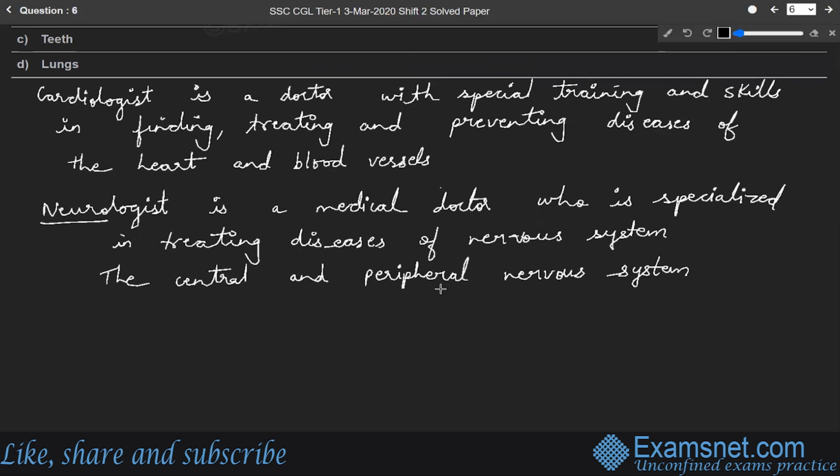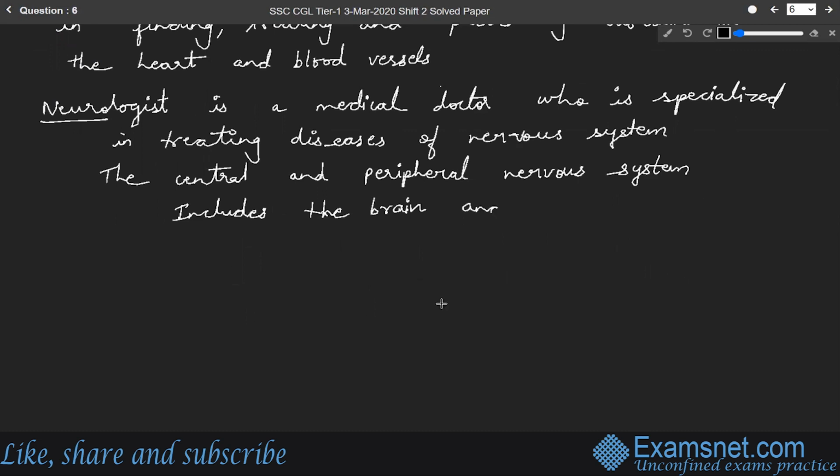And nervous system also includes the brain and spinal cord. Therefore, neurologist is a medical doctor who is also responsible for treating the diseases related to brain and spinal cord, because the nervous system also includes the brain and spinal cord.